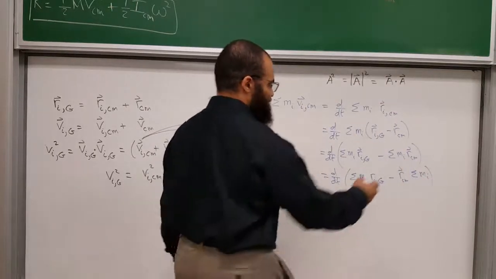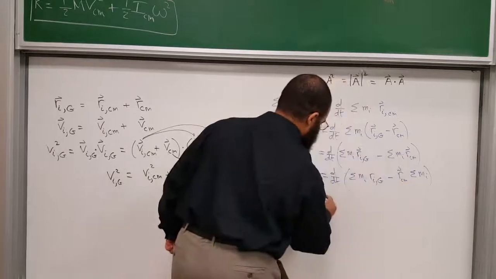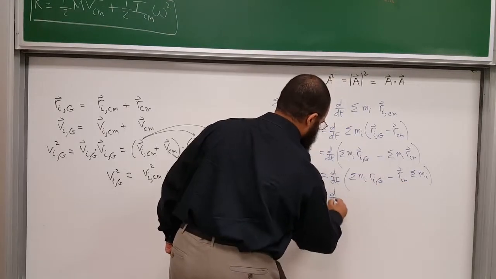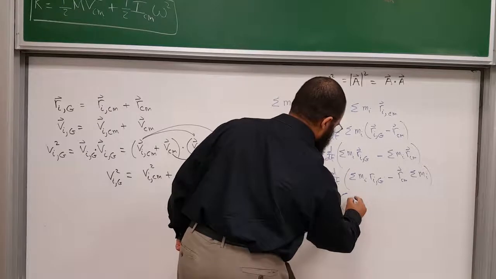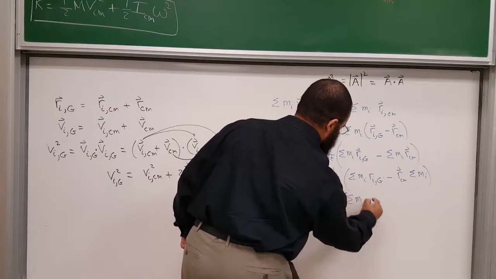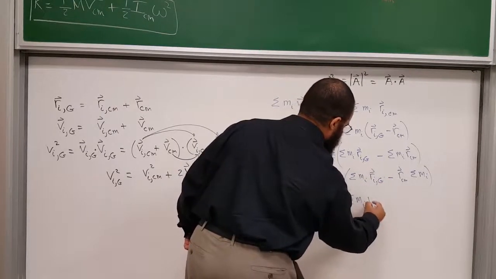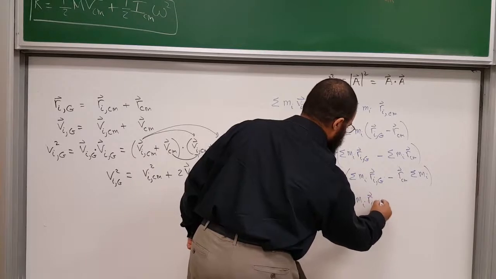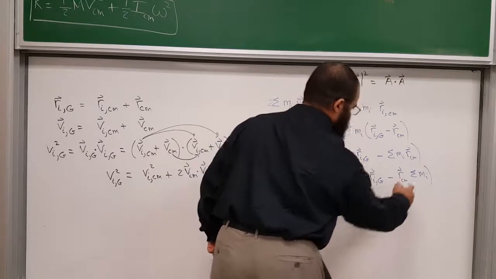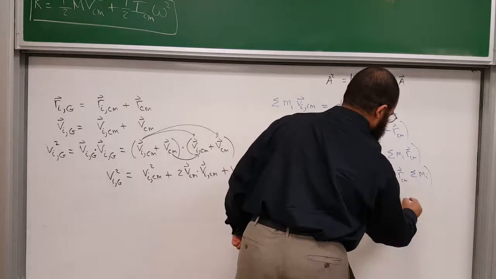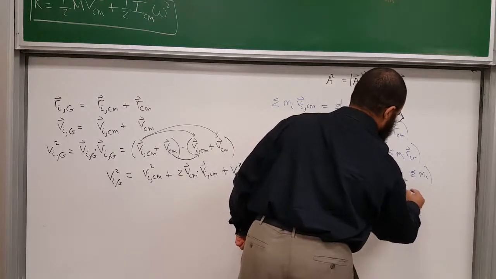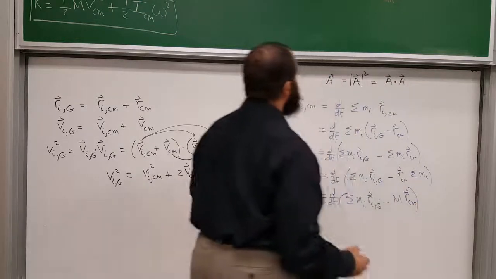So it's the total mass times r center of mass. So you have d/dt of the summation mi ri relative to the ground minus total mass times r center of mass. Okay, but what is r center of mass?